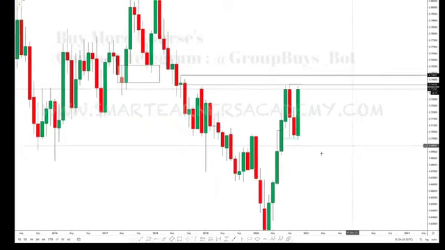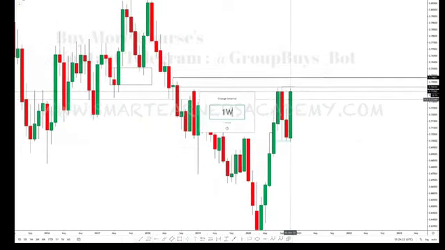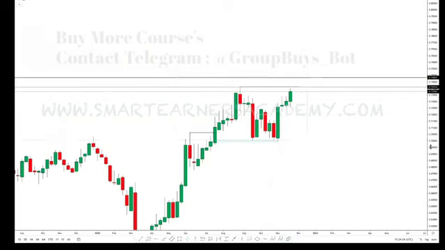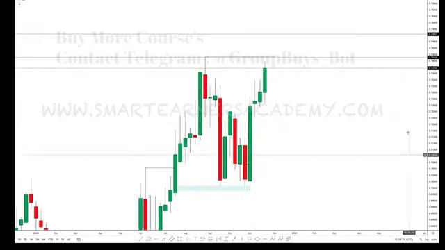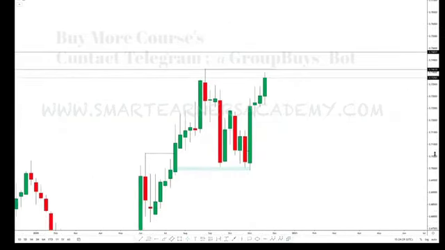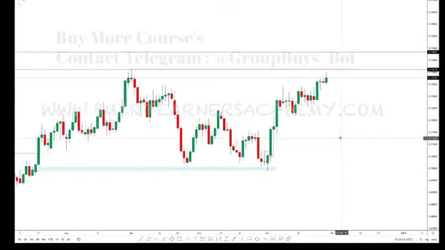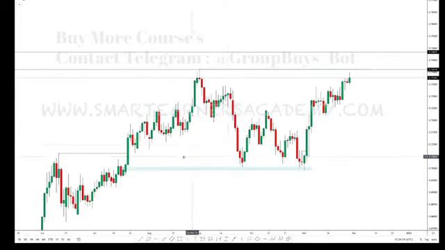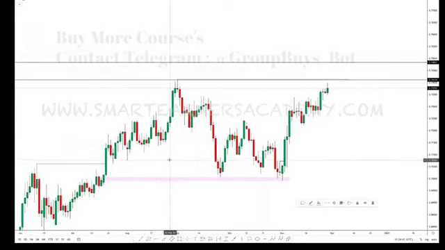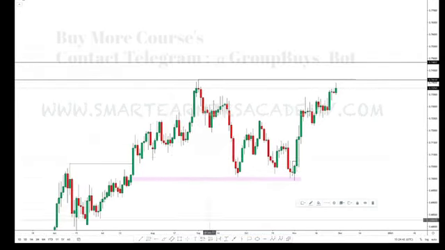Because I've done this before, that's why some of my macros are still there. So it's the same thing. So liquidity was taken here and price is bullish.